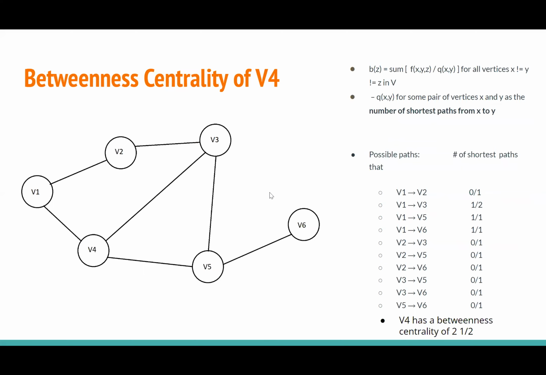Then betweenness centrality, same graph, but to make it slightly easier, it is an unweighted graph.